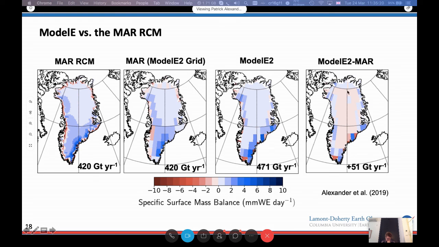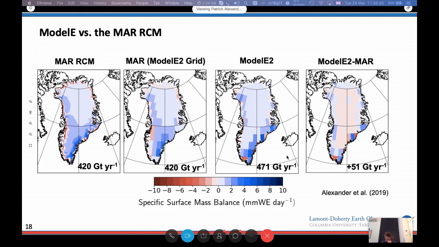This is the difference between the two. That means Model E tends to overestimate the mass balance along the margins of the ice sheet in general. Despite these spatial differences, overall you can see that the numbers are pretty close. So Model E captures the average surface mass balance, but there are also some spatial differences.